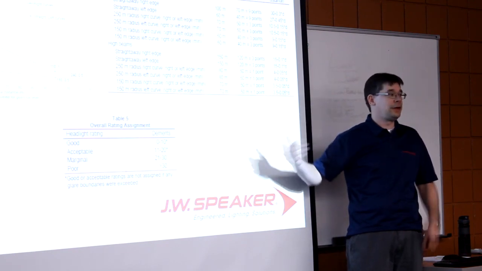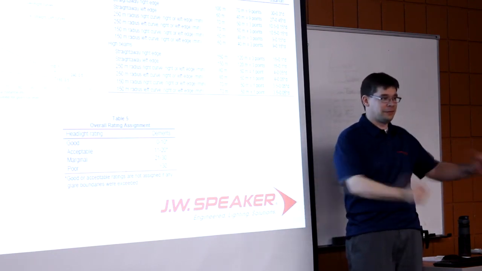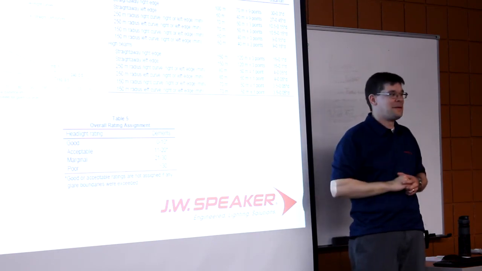And then they say the Ford Escape has a terrible headlight. Well, maybe the headlight wasn't poor, maybe it wasn't aimed right. But how many people go out and aim their headlights when they buy a brand new car? So it's a complicated issue.